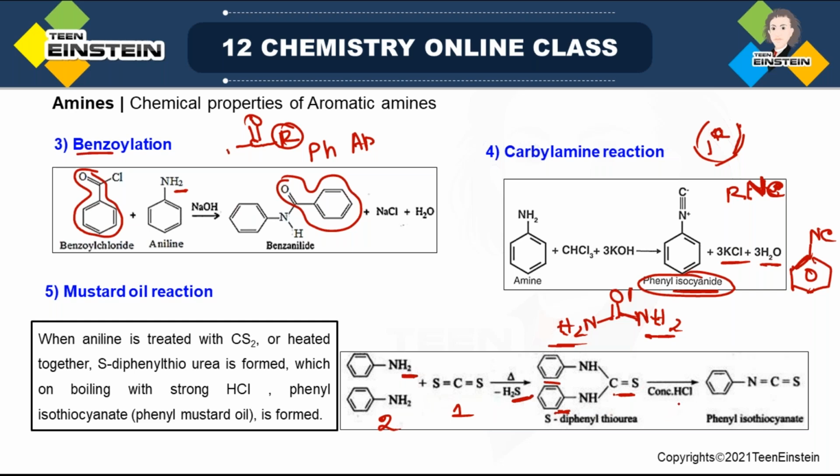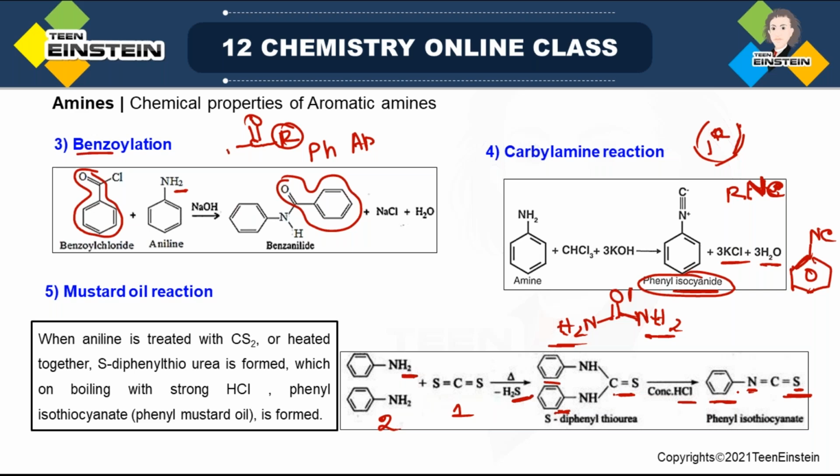Fine. And finally, if we treat it with strong HCl, we get phenyl isothiocyanate, that is PhNCS. Remember, in thiocyanate S is connected to the group, but in this case N is connected to the group with which we are dealing.